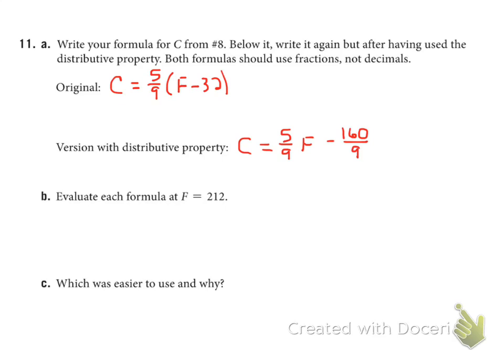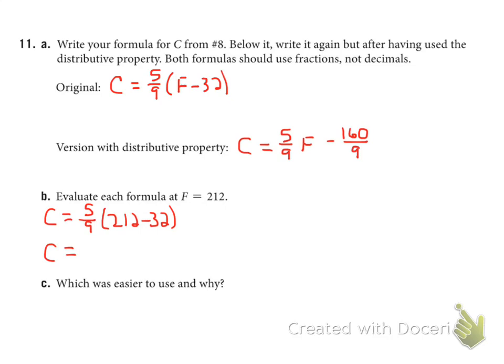Part B says to evaluate each formula at F equals 212. So if we substitute the 212 into the first equation, we would have C is equal to 5/9 times 212 minus 32. So what do we do with that?